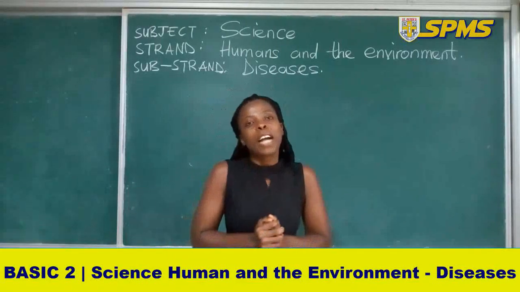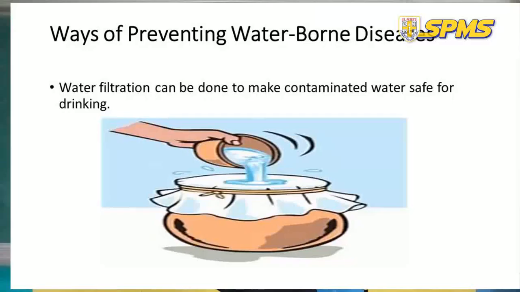Another way in which you can prevent these diseases is by filtering the water. What does it mean when I say filtering the water? Look at the picture very carefully. You can see a pot and then a cloth covering the mouth of the pot.